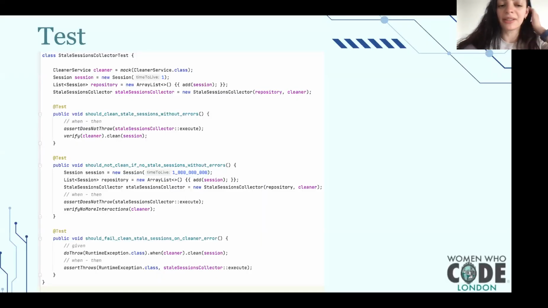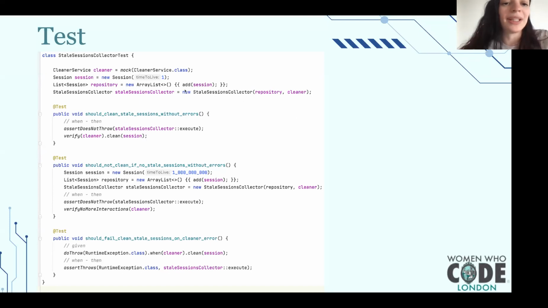Yeah, and we are here. So how are we going to test our application? We should create at least 3 tests. First of all, we need to check that everything can work without any errors. So we create our object, StaleSessionCollector, with a mocked repository.